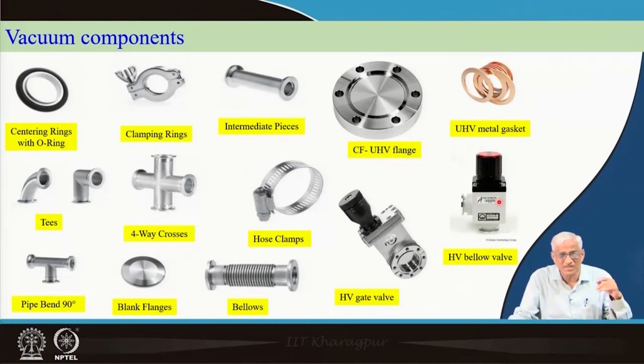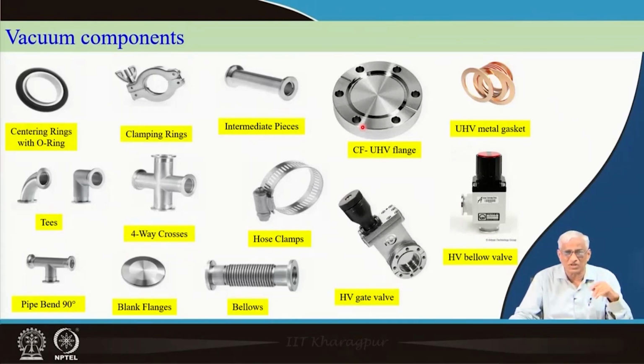There are many companies who are manufacturing these couplings. For example, in UHV a flange is a very shiny piece with conflat here. We will discuss these things a little later. You will find ultra high vacuum flanges and couplings are very shiny, because they are polished to such a level that degassing effects are minimum.